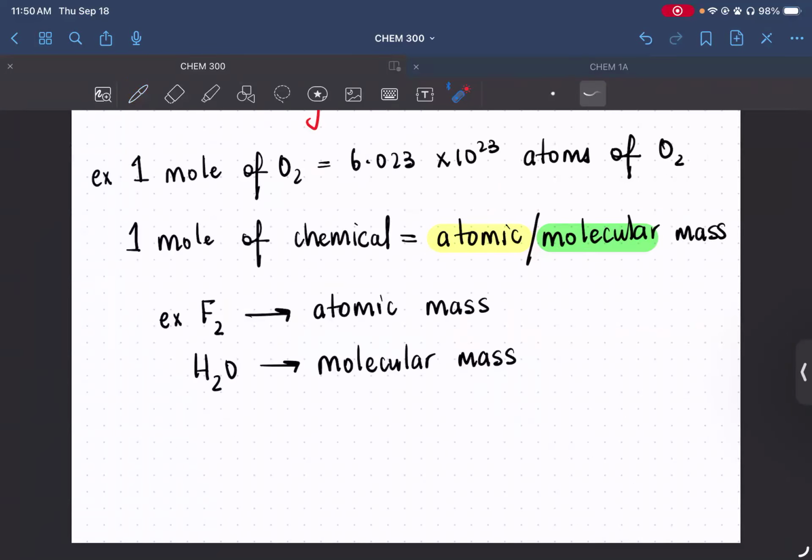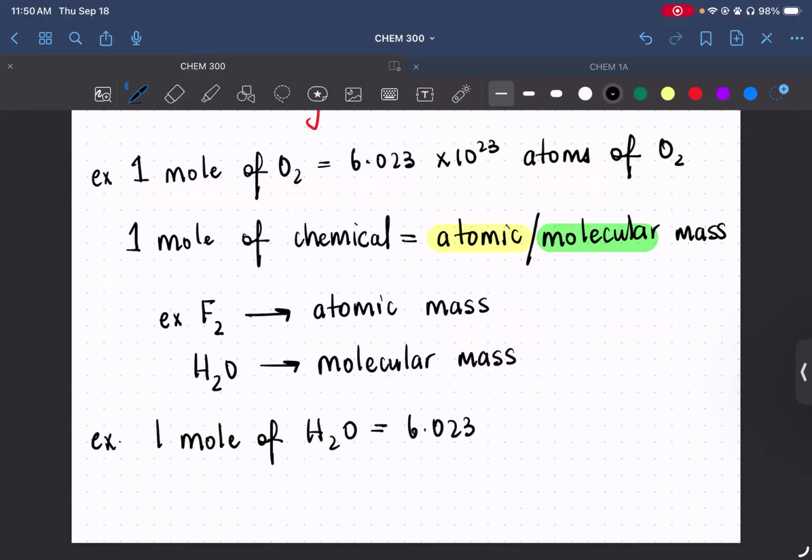So just as we said 1 mole of oxygen, just a single element, is 6.023 times 10 to the 23 atoms, we can similarly say that 1 mole of H2O is equal to 6.023 times 10 to the 23 molecules of water.